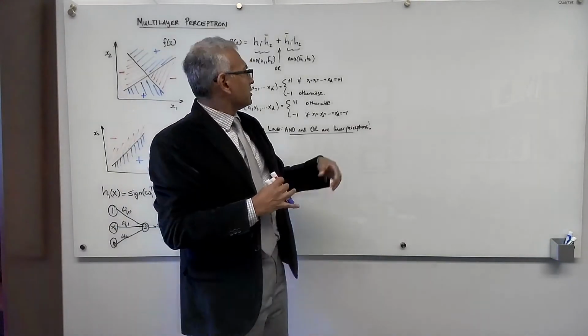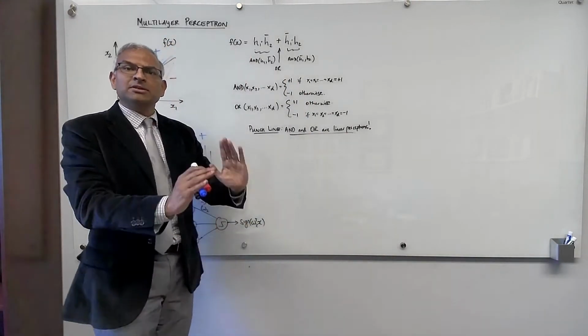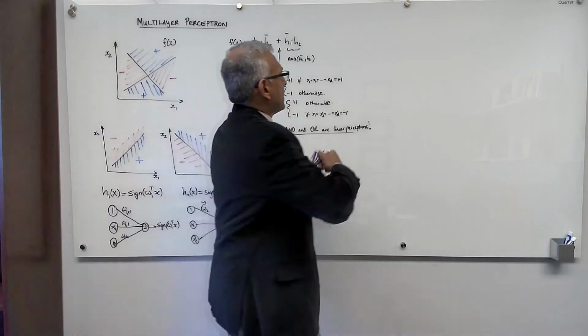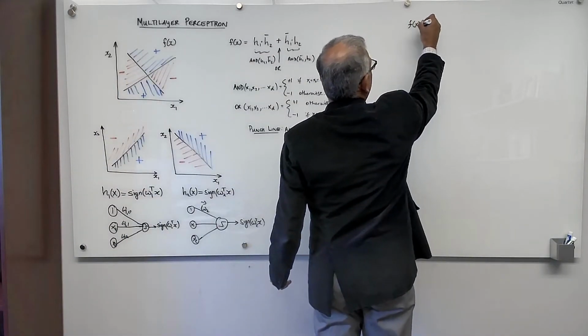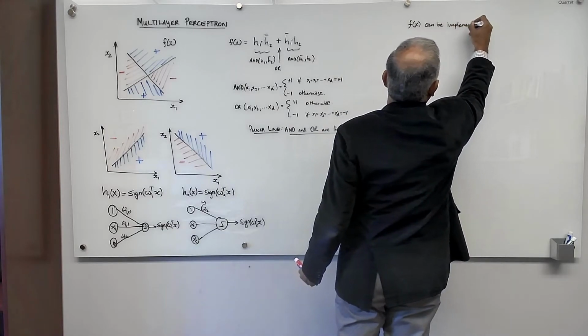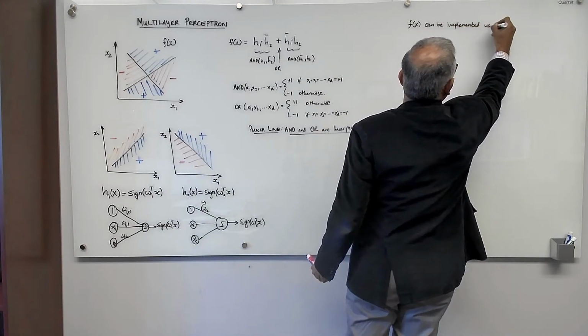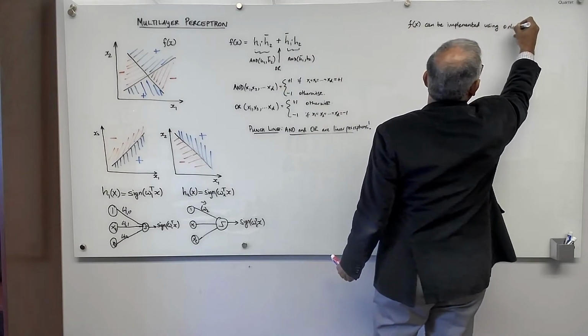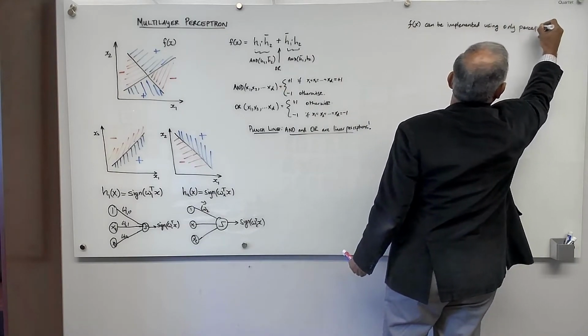Now I'm going to show you that f, the target function f of x, can be implemented using only perceptrons.